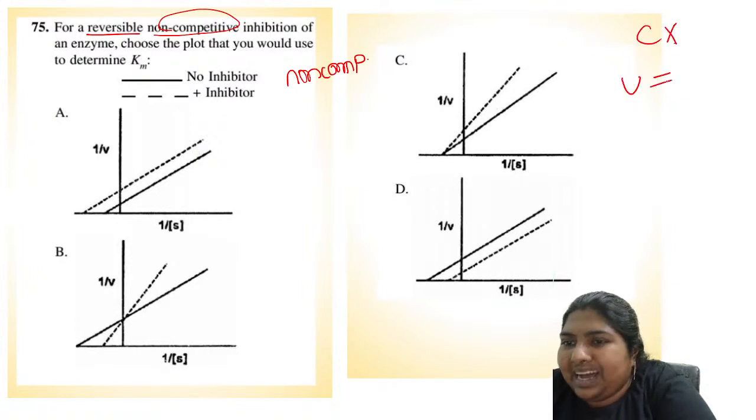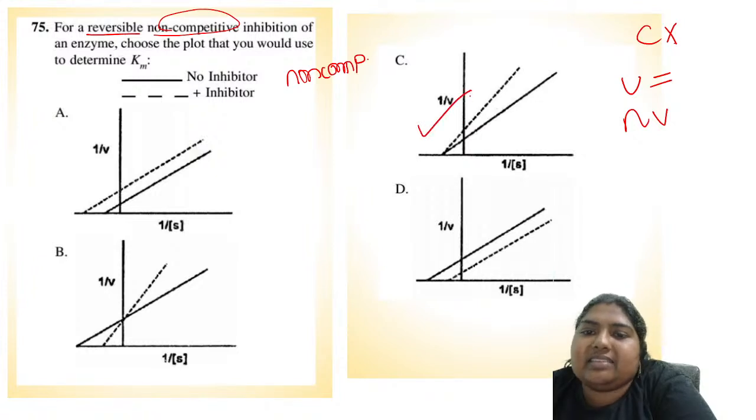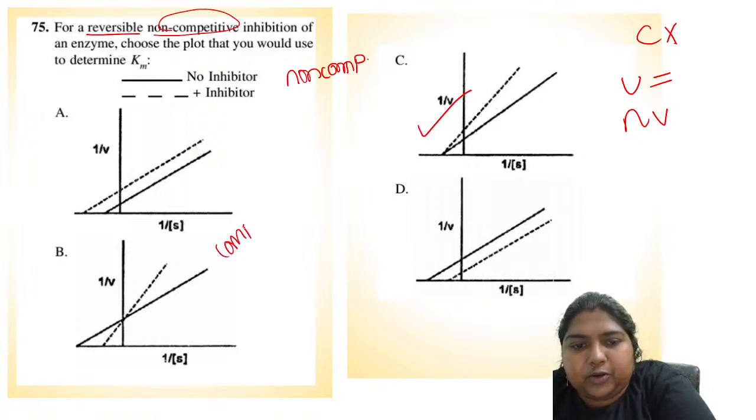CX, U parallel, and then N it is going to be V. So only this is going to be the correct answer. So this is going to be your competitive. No. So it is not going to come. Got it? One of the graphs is totally wrong.